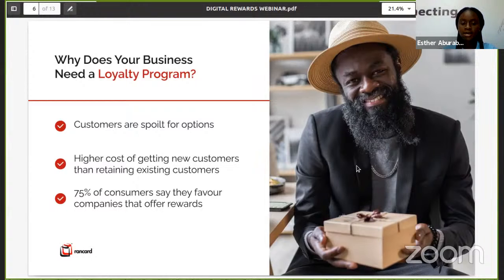But for a product, we have maybe 10 brands offering the same thing. So how then do you get your customer to go for your products, even though your products and your competitors' products may have the same pricing?